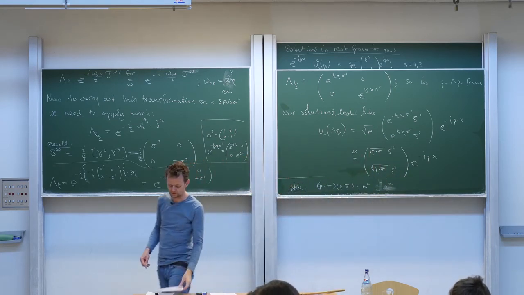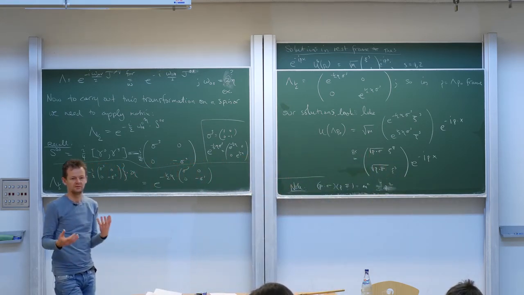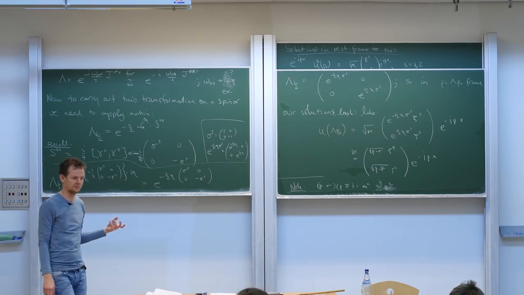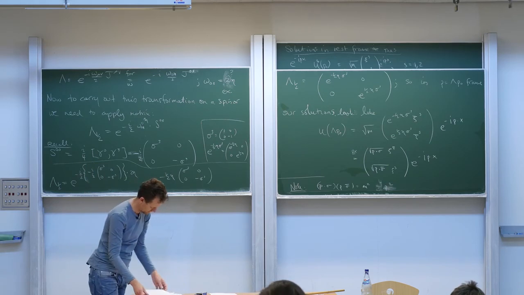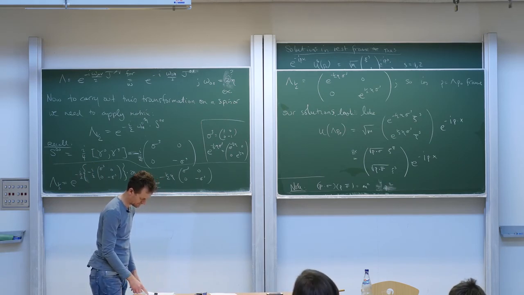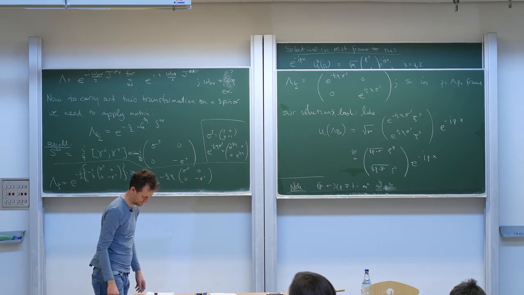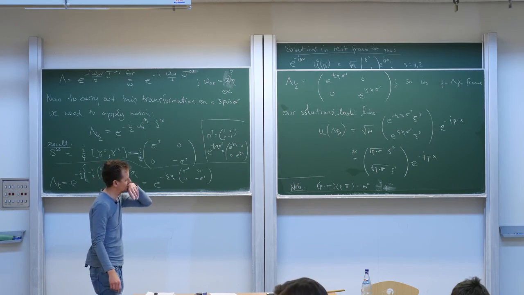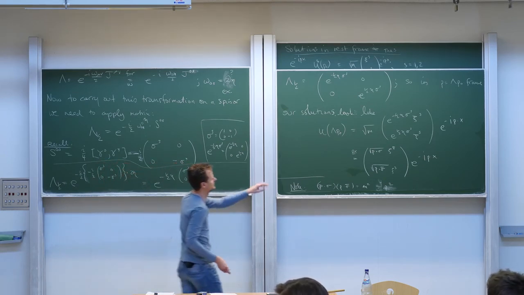It's actually not so difficult because you just rotate, right? So you just have to work out how to rotate. And it's going to be this. This will actually be the general solution.